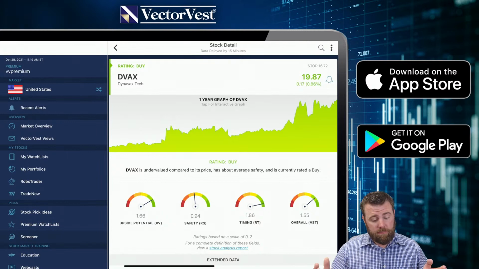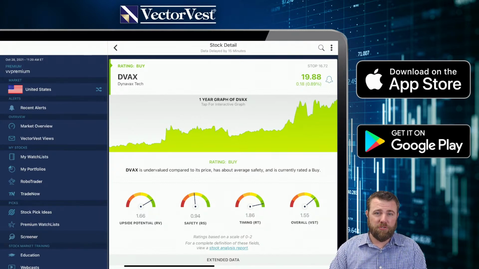Now, if you guys have any questions on what stocks would fit your specific investment style, because as an instructor here at VectorVest, that is one thing that I deal with quite a lot. I ask somebody what's your investment style, and I get the answer a lot of, oh, I'm more speculative to conservative.